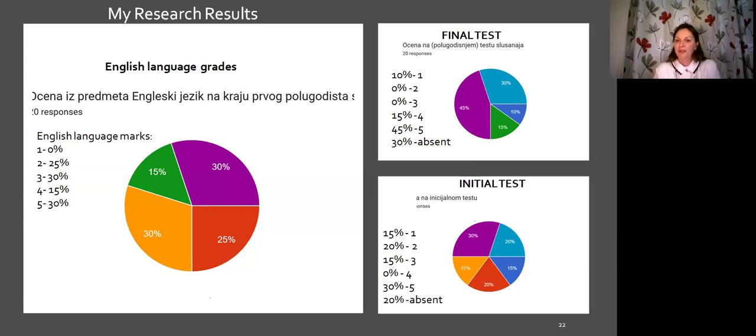The initial test was in September, the beginning of the last school year, and the final test was after 4 months. During those 4 months, there was a pedagogical intervention, meaning that I practiced with them all the stages that I told you about.